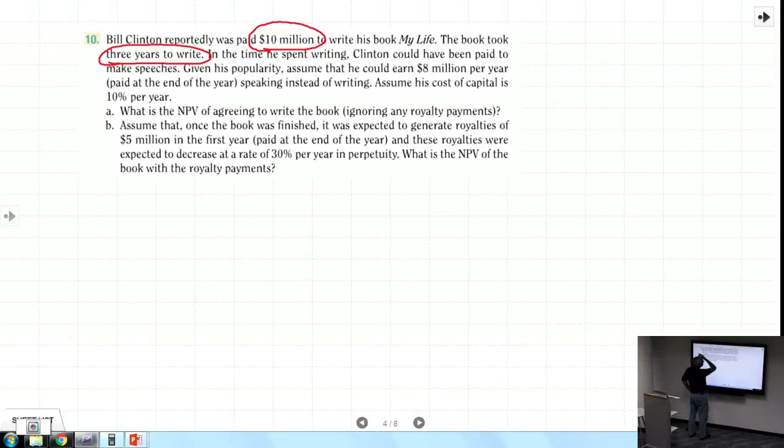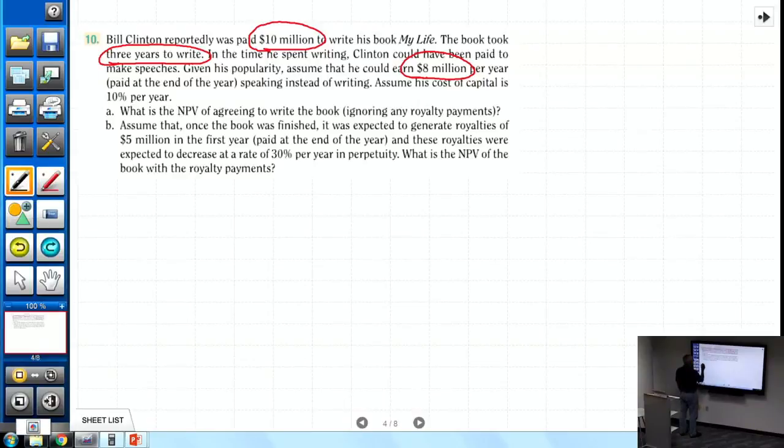But there is an opportunity cost over here. When he was writing this book over these 3 years, he is also giving up speaking fees, and they add up to about $8 million per year. Assume the cost of capital is 10%. What is the NPV? Is it worth agreeing to write this book just on that information?